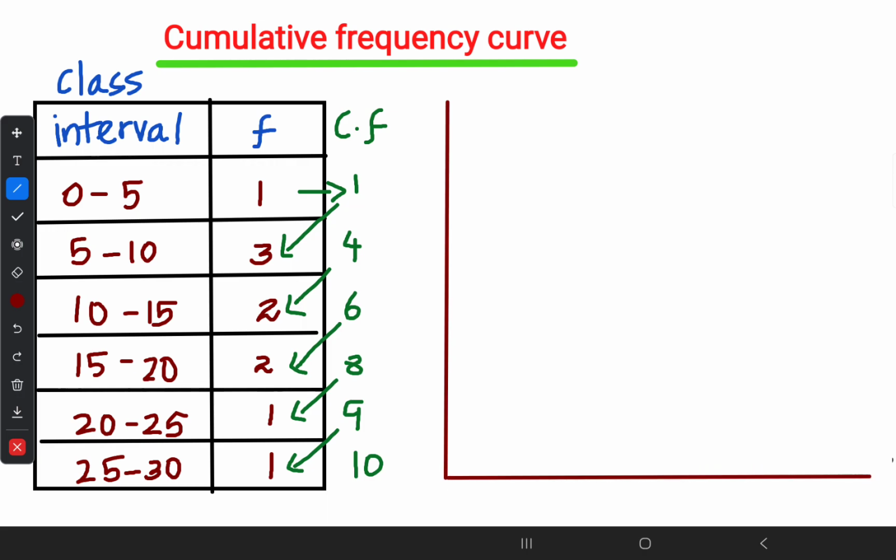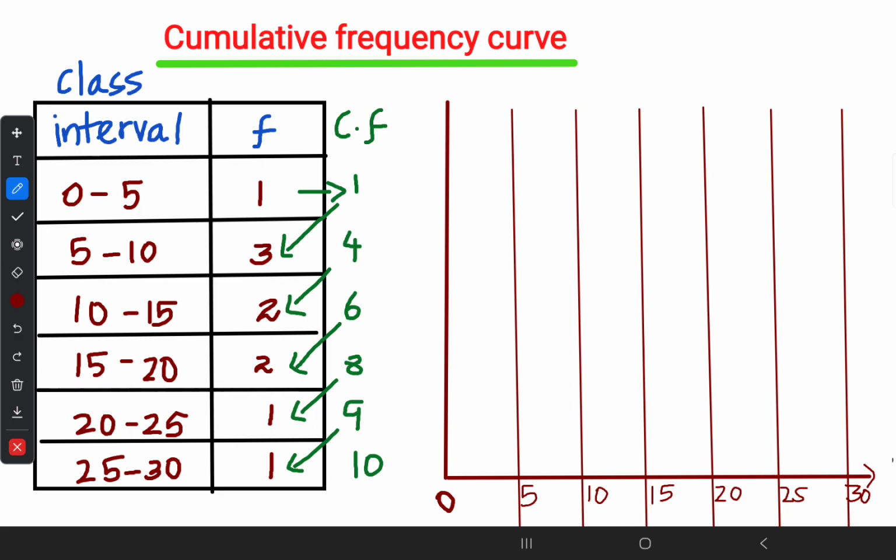The planning is really important. 0 until 30. Keep the same distance between these values. If you want, I can show you by using a grid. In the horizontal axis, we are just showing the upper limits of class intervals.